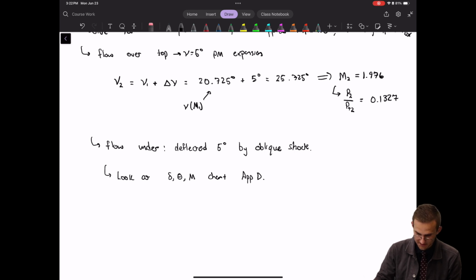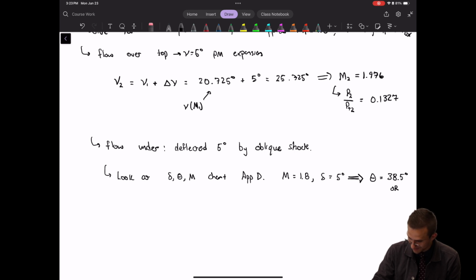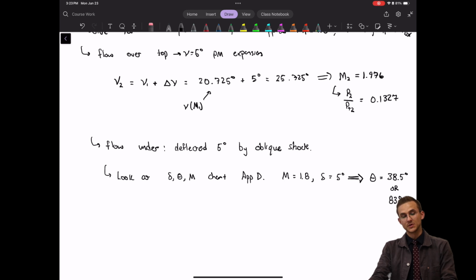Okay, so for an upstream Mach number of 1.8 and a deflection angle of 5 degrees, you'll see that theta is either 38.5 degrees or about 83 degrees. And so the question is, which one of those is it?